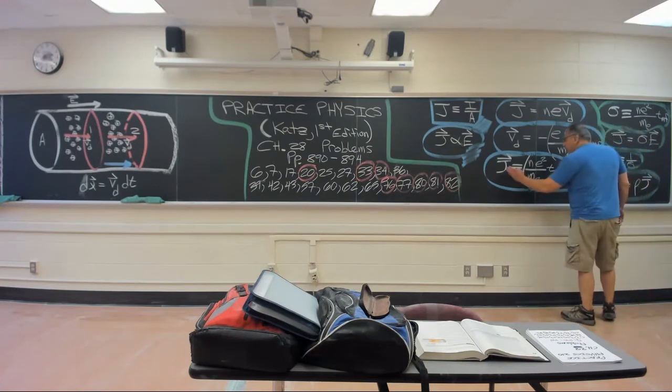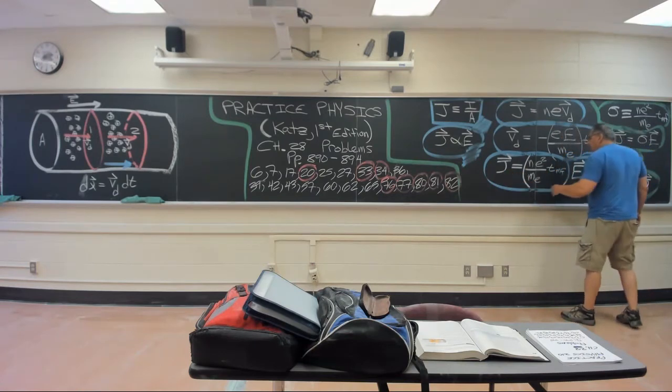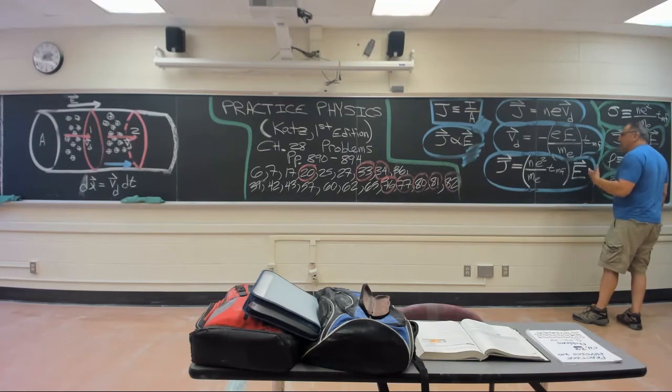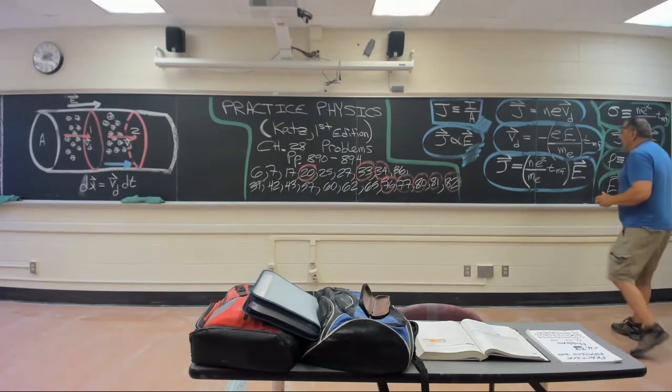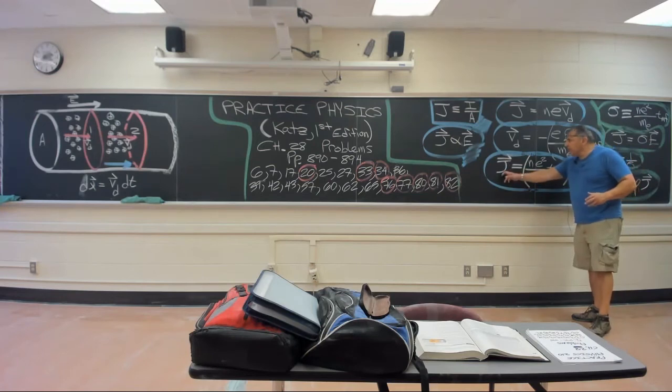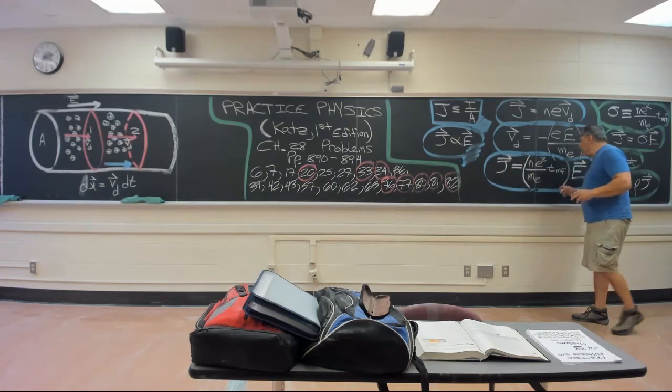Well, the current density, we said, is directly proportional to the E field. A lot goes on here, you guys. So let me try to see exactly what we could say here. Forgive me, the current density is directly proportional to the E field.